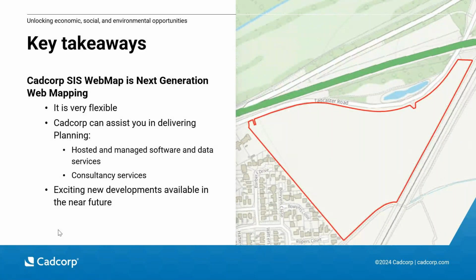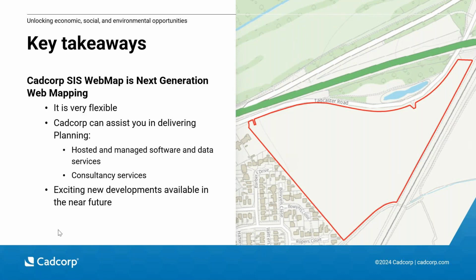Just in terms of key takeaways, we've come a long way in the last 30 years. CACOP WebMap is next generation web mapping. It's really very flexible, and we've shown examples today where web mapping can inform future planning activities and highlight opportunities for economic, social, and environmental growth.